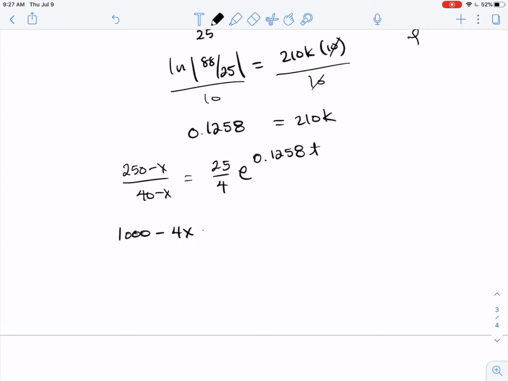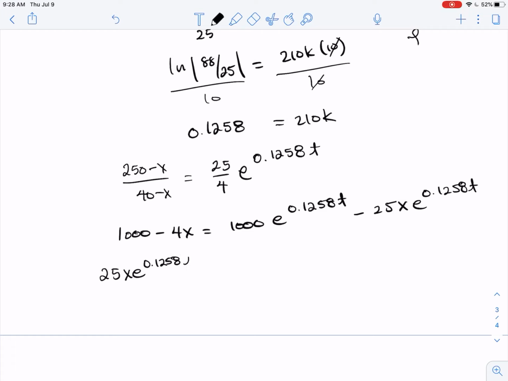1,000 minus 4x equals 1,000 e to the 0.1258 t, and then minus 25x e to the 0.1258 t. Bring your x's together, right? So I'm going to have 25x e to the 0.1258 t minus 4x equal to, now bring the 1,000 over, so I'm just rearranging.